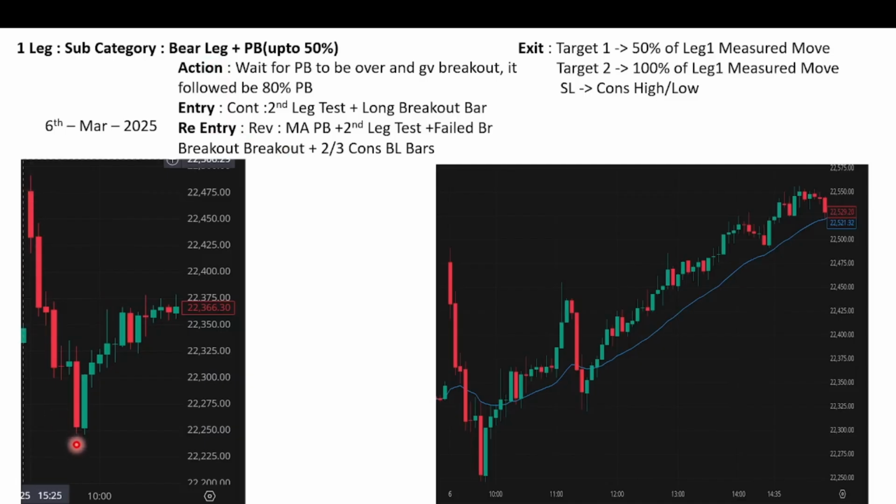So, buy 1050 leg 1 and pullback. We will be looking for low 3, low 4, or low 2 follow through continuation trades and bear breakout. But what followed was 3 strong bull bars, and it retraced until 80% of the initial bear movement.